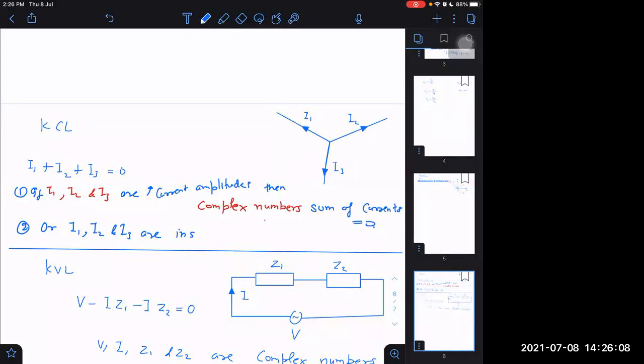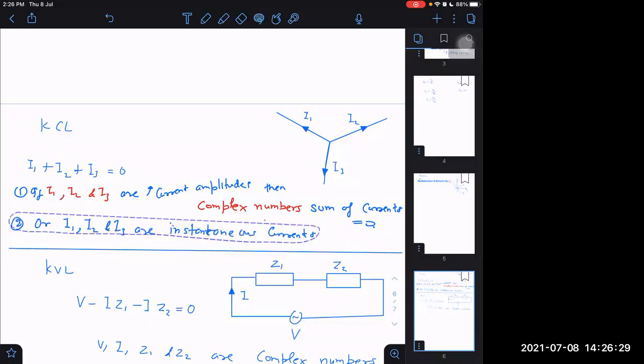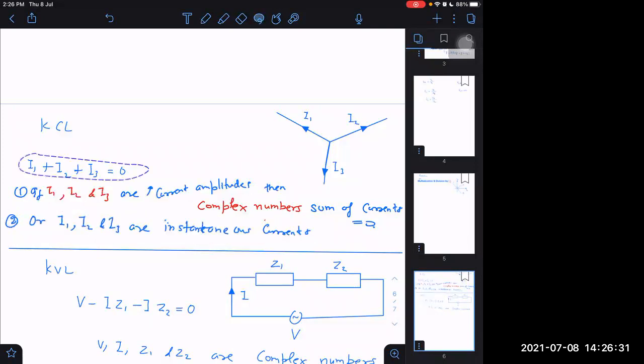Or if I1, I2, and I3 are instantaneous currents, then we don't take these like complex numbers. We take these like scalars only, just real numbers which can be positive or negative, but they cannot be complex.